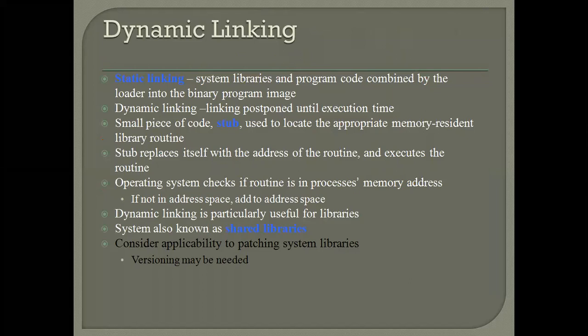A small piece of code, a small subroutine called the stub, is used to locate the appropriate memory-resident library routine. Here the stub replaces itself with the address of the routine and executes the routine. So the operating system checks if the routine is in the process's memory addresses, and if it is not in the address space, then it is added to the address space.